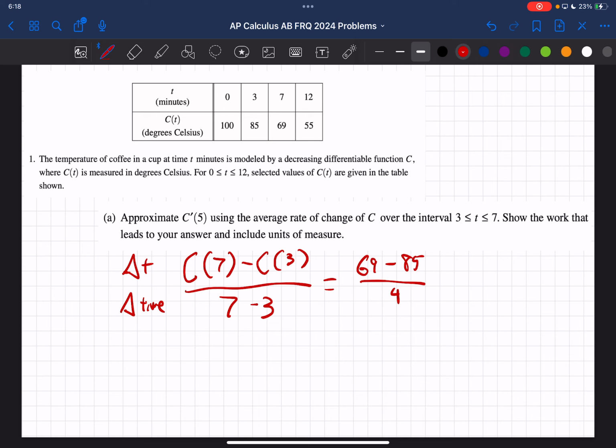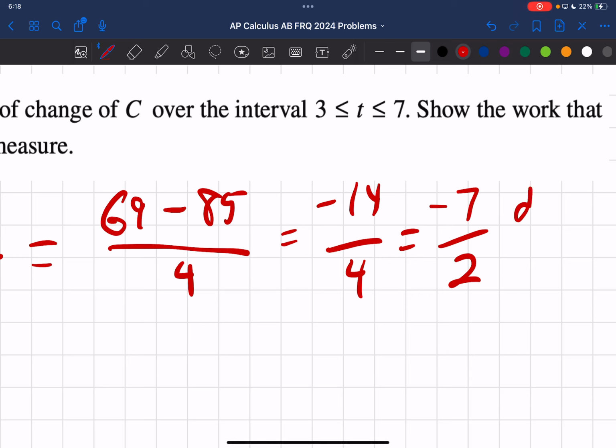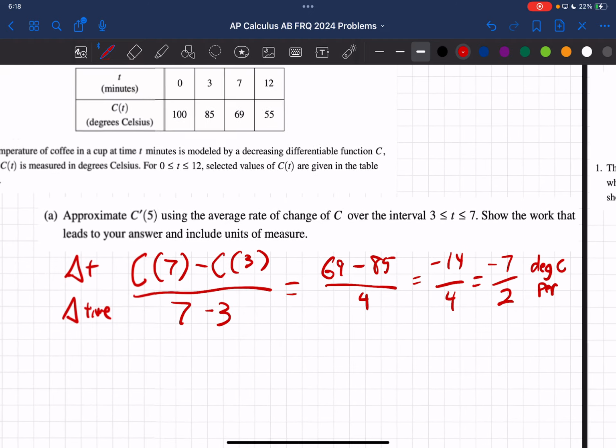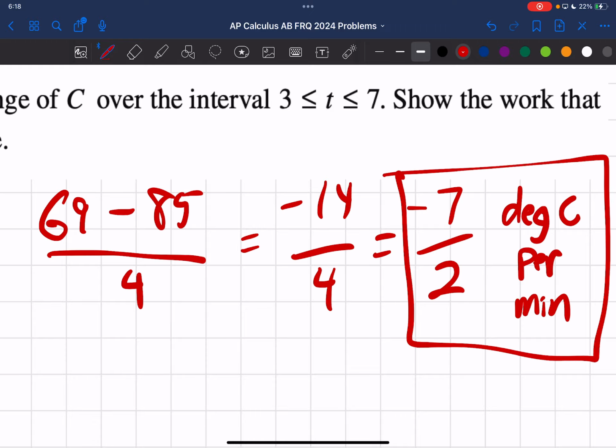When we subtract those, we get negative 14 over 4, and we can simplify that to negative 7 over 2. Now remember that this is change in temperature over change in time, so our unit is going to be degrees Celsius per minute. So there's our answer for part A.